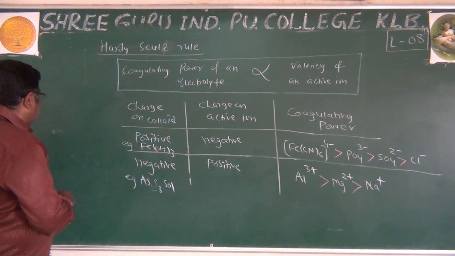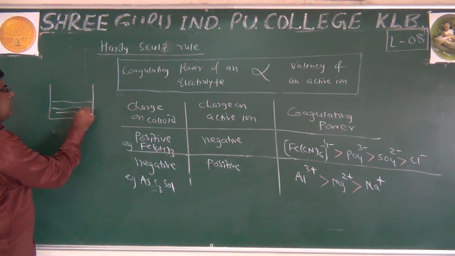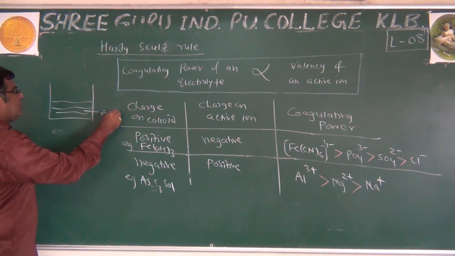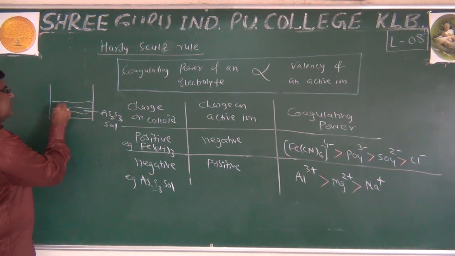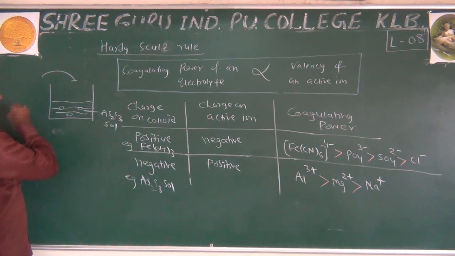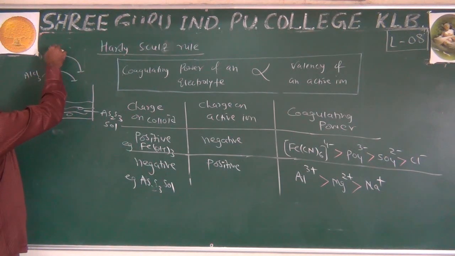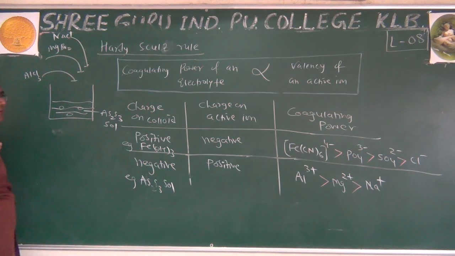It means if we have an As2S3 sol, the sol particles, and we are adding aluminium chloride, magnesium bromide, and NaCl.